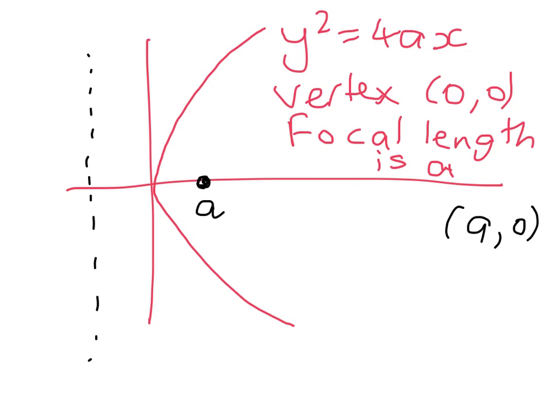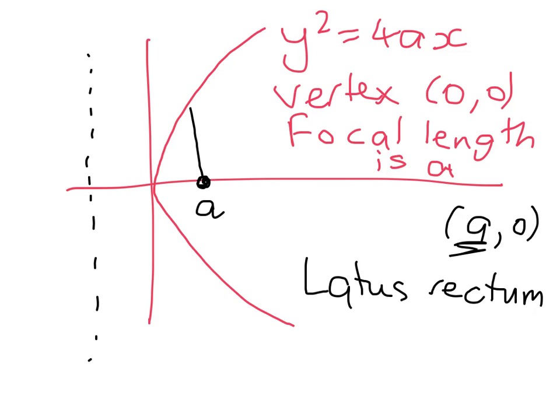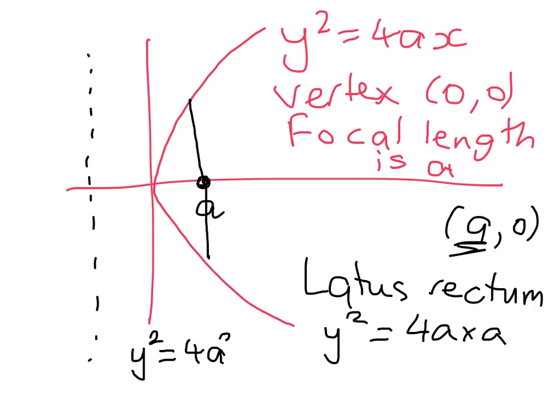The last thing that helps us to sketch is called the latus rectum. And we get this by substituting the focus value into the equation. And that gives us this chord here, right? So if we do that, if we substitute in point A, we get y squared is equal to 4a times a. So we have y squared equals 4a squared, which gives us two values for y.